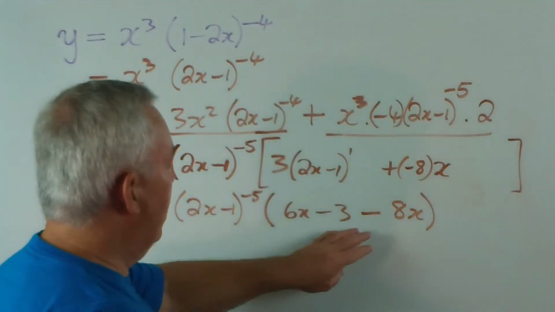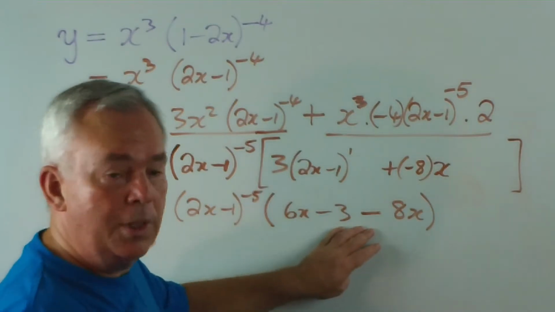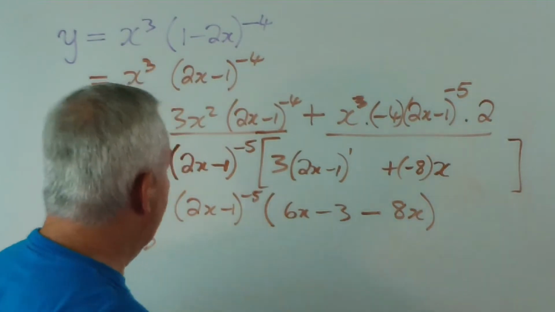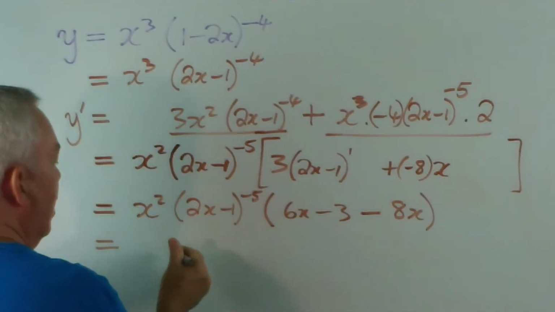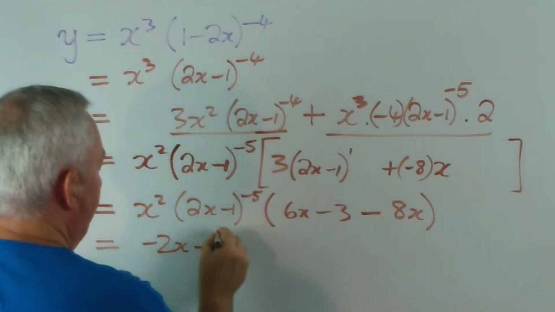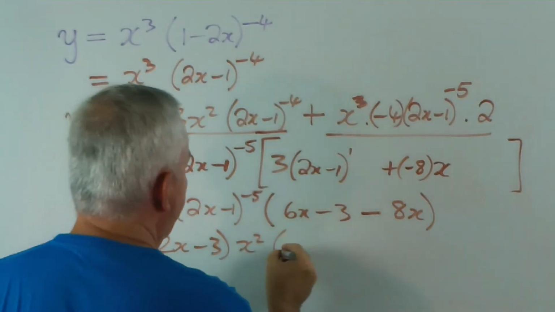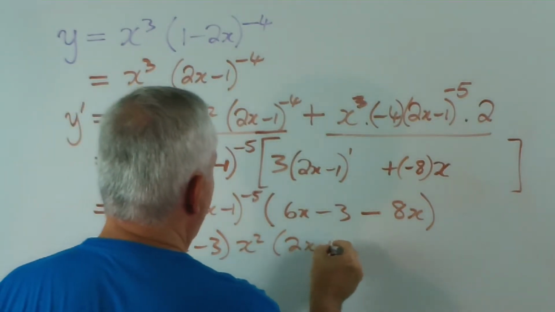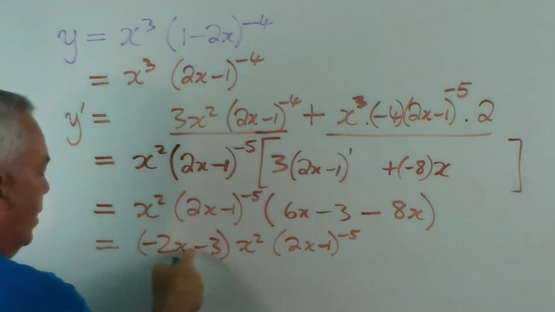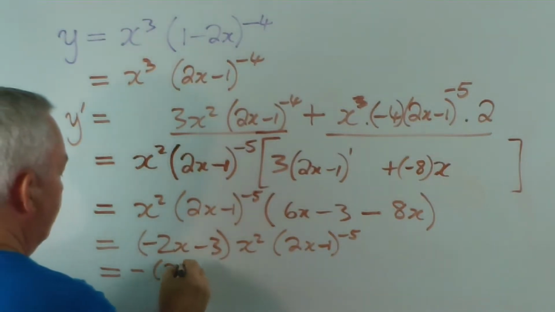Now, this is going to be even simpler, or a lower degree, than x squared, so I'm going to write this at the front. 6x minus 8x is minus 2x. And you can see that we have a common factor of negative 1 there, so I would take that out.